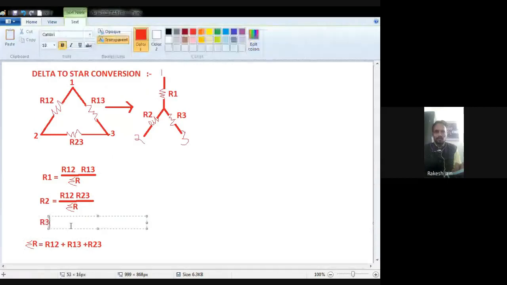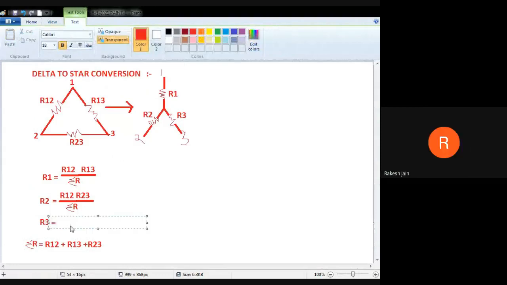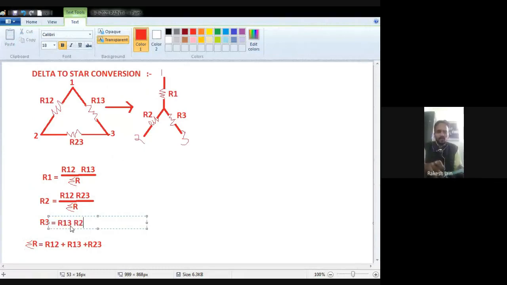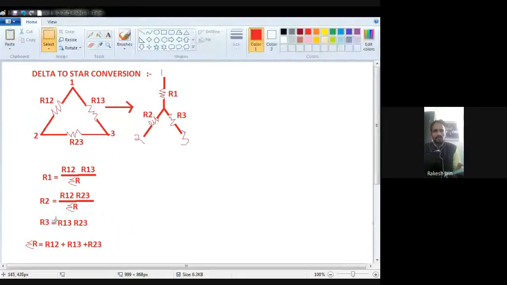Similarly, how to determine the value of R3? R3 is equal to how many resistances in the delta network are related with the subscript 3? One is R13 and the second one is R23.